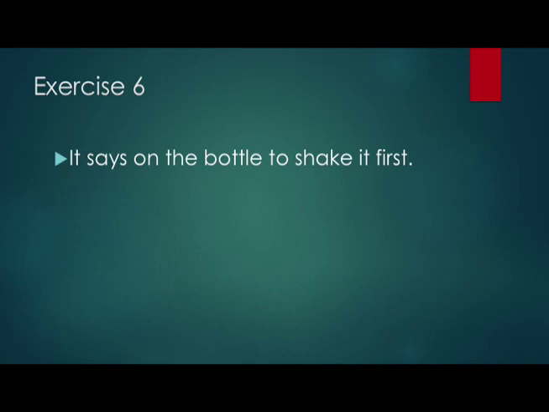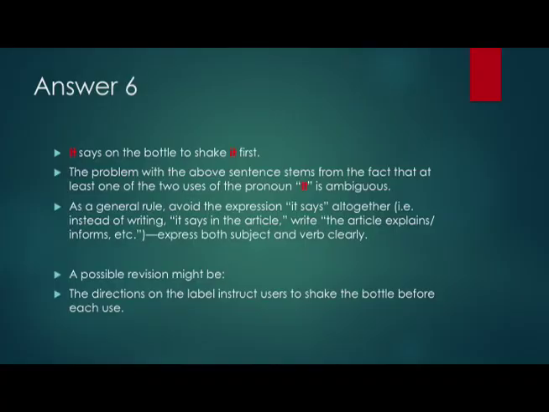Exercise 6. It says on the bottle to shake it first. So in this sentence, we have the pronoun it twice. And a problem in this sentence is clearly that at least one of the uses of the pronoun it is ambiguous.